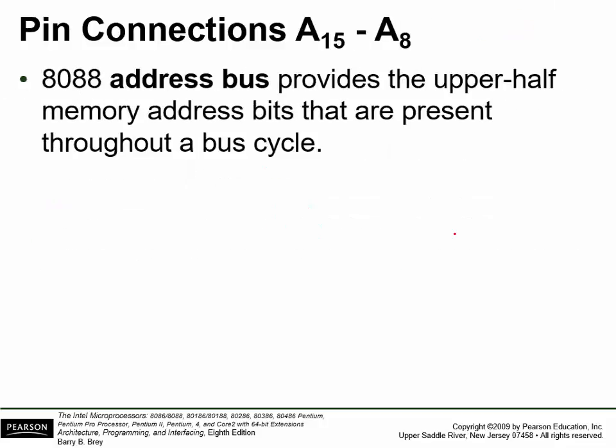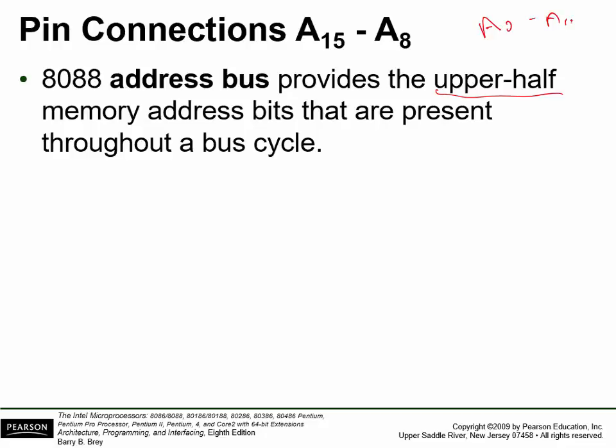The A15 through A8 is only on the 8088. It provides the other part, not quite the full upper half of the address bus. There's a mistake there. The 8086 has address lines A0 through A19.